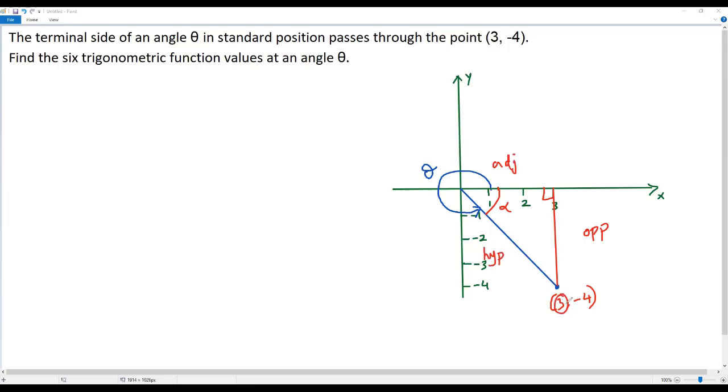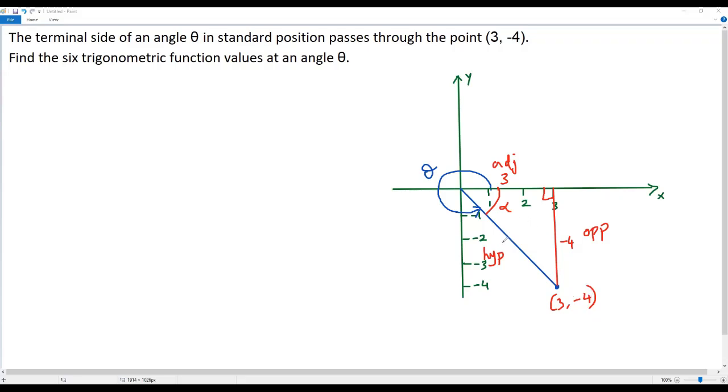From the given point, 3 is the x coordinate, so this length is 3, and -4 is the y coordinate, so this length is -4. Usually we don't consider a negative value as a length, but on solving this kind of trigonometric problem, we take the given y coordinate as it is as the length of this vertical segment of the right triangle.